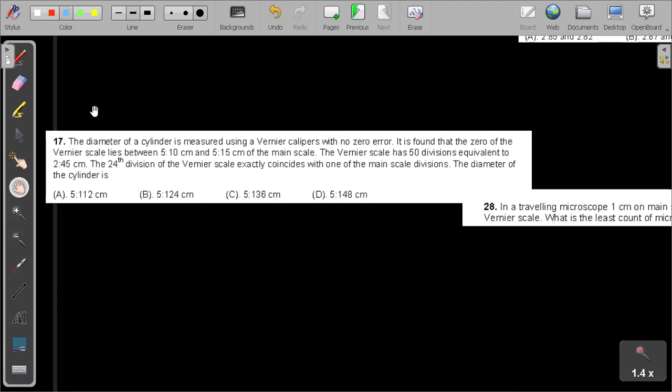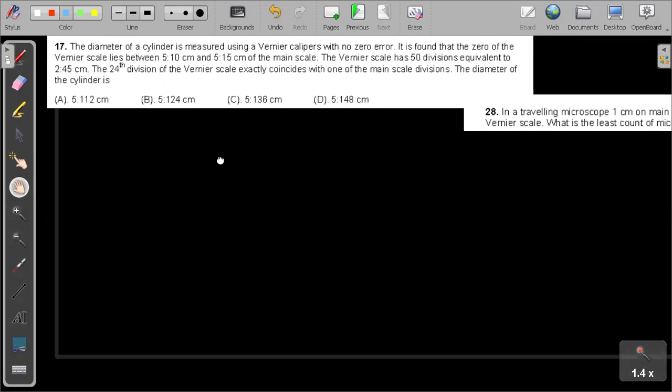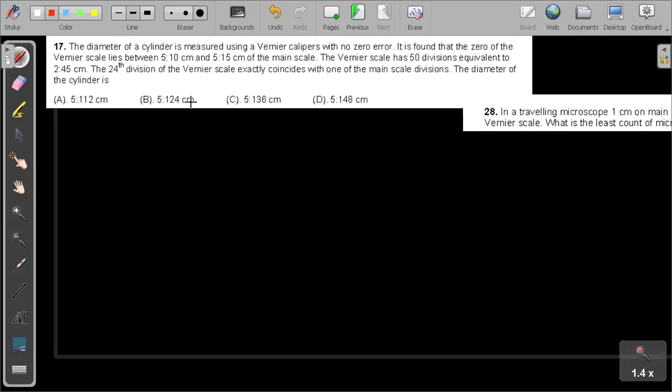Now here, this looks absolutely complicated. Even teachers find it hard to solve. It's not actually too hard, but you have to get the clear idea. So it is found that the zero of the vernier calipers, let's say there's no zero error, is between 5.10 centimeter.